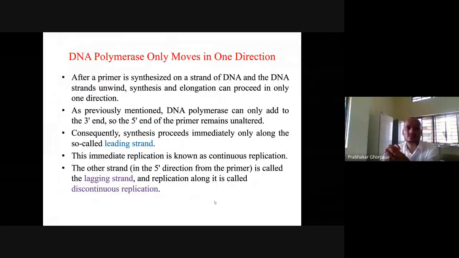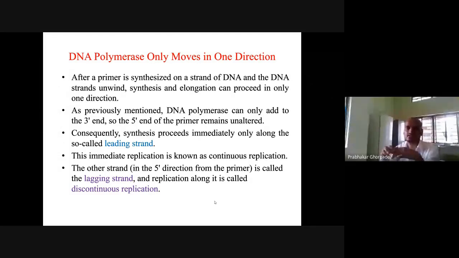DNA polymerase only moves in one direction. After the primer is synthesized on a strand of DNA and the DNA unwinds, synthesis and elongation can proceed only in one direction. Okay, so directionality we have already seen. DNA polymerase can only add at the 3' end, and the 5' end of the primer remains unaltered. Consequently, the synthesis proceeds immediately only around the leading strand.